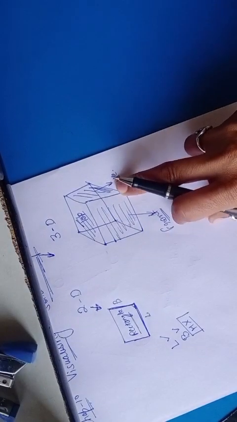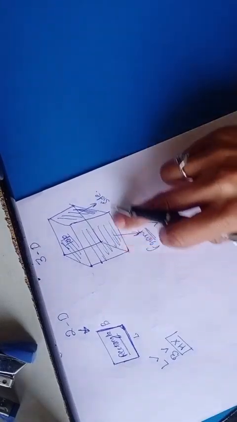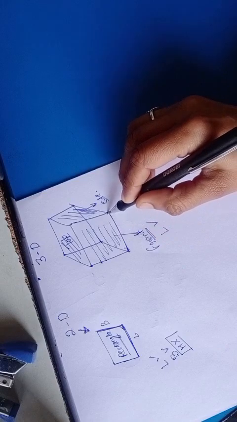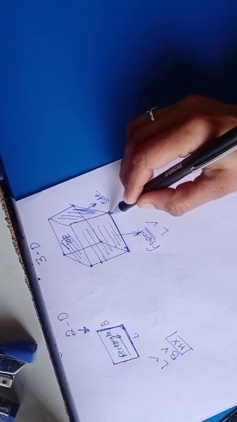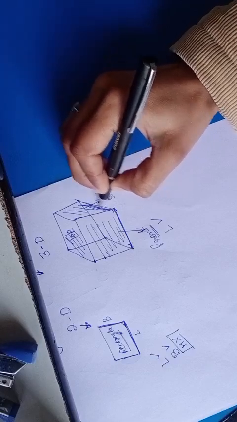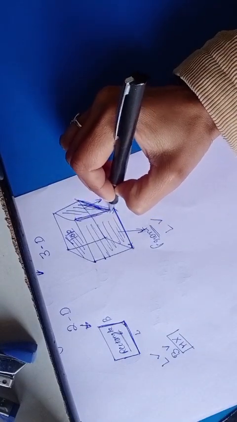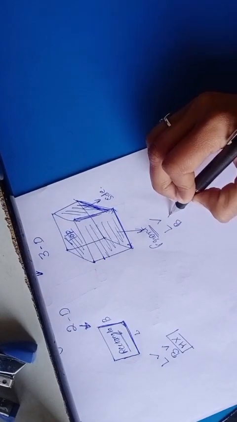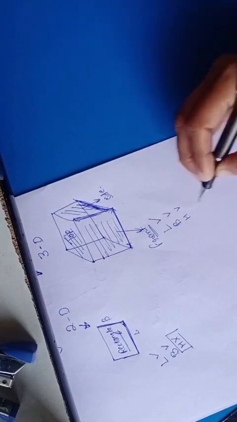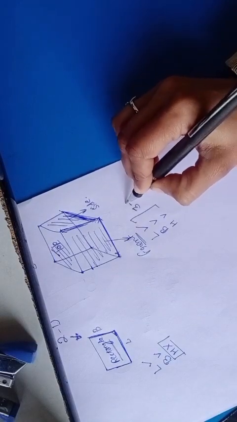In this figure we can measure the length of the figure, we can also measure the breadth, and we can also measure the height of the figure. That's why this is called a 3D shape.